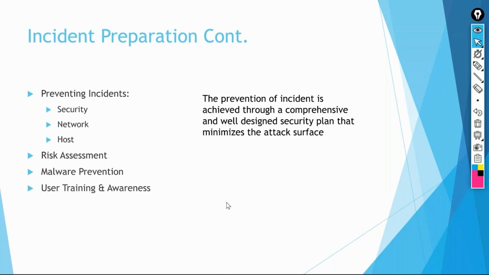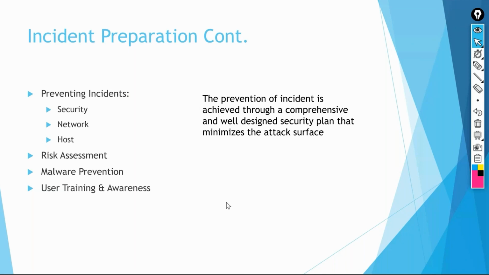Then for preventing virus attacks and all, we have malware prevention, like antivirus and anti-malware solutions. And we need to regularly train the people through user training and awareness, where the people of the organization should be aware of the latest threats and vulnerabilities in the market.